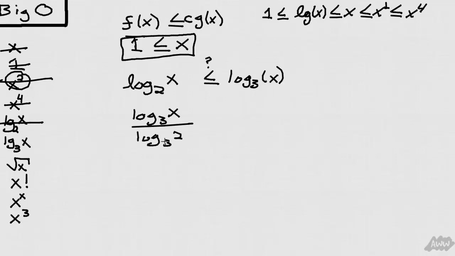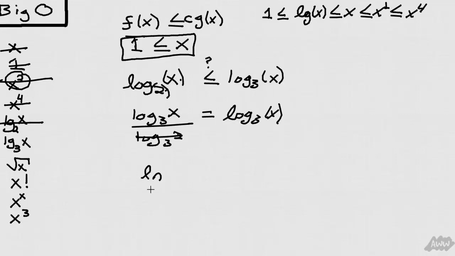And this works for any constant bases. So log base 2 of x can be converted to log base 3, it can be converted to log base 4, etc. As you can see, if we do that, this log base 3 of 2 is a constant value. There's no variable here. And in Big O notation, as we mentioned previously, we ignore constants. So log base 2 of x is actually asymptotically equal to log base 3 of x. And that's true for log of any base.